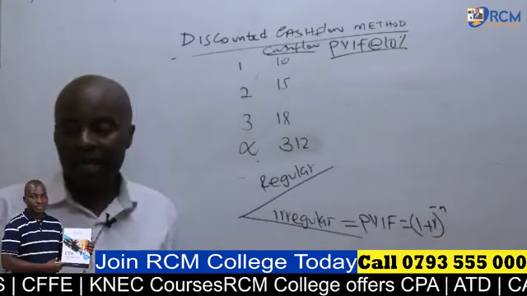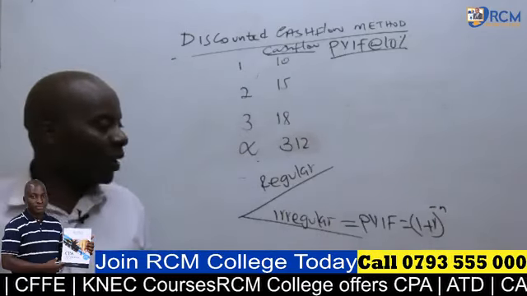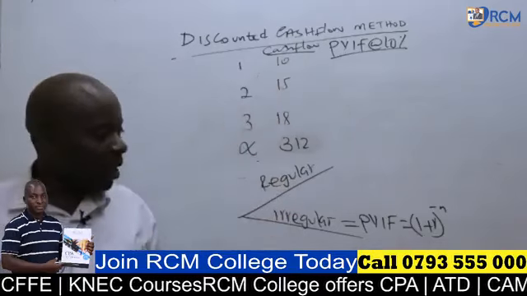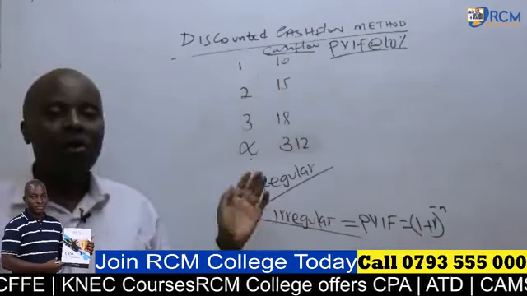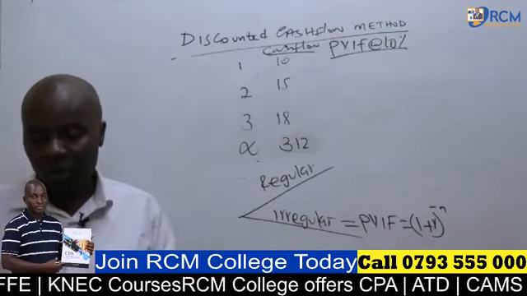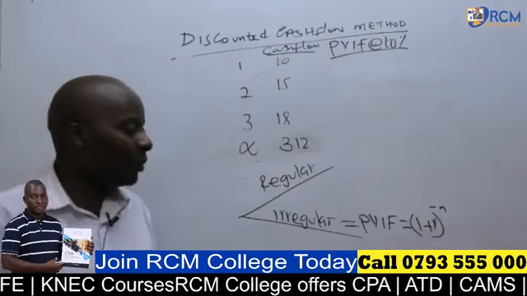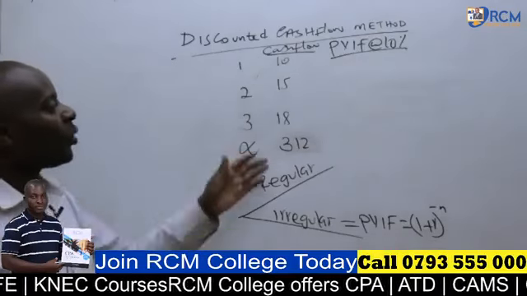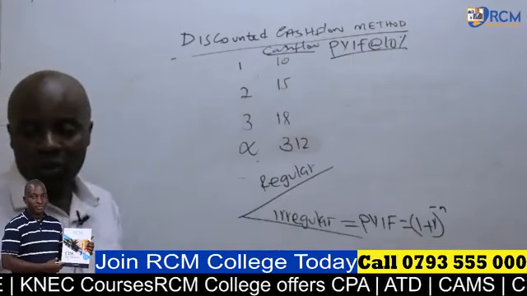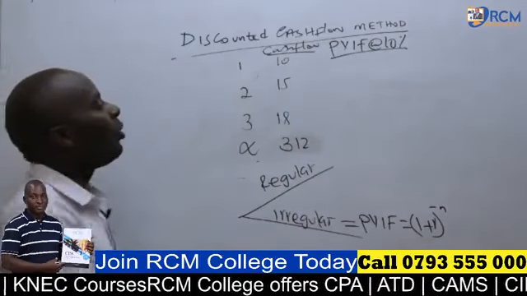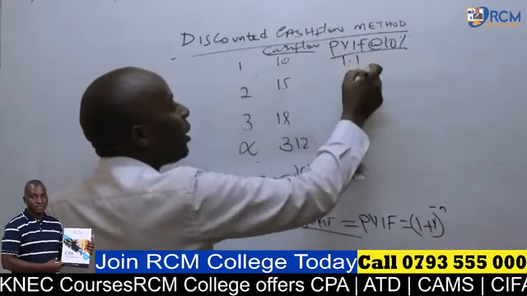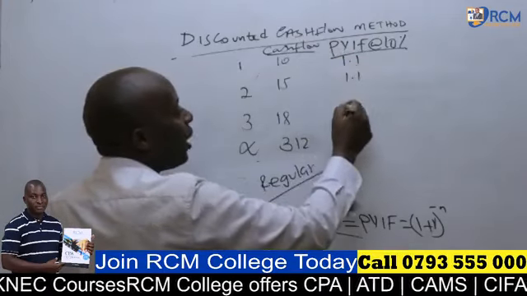Raised to negative N. I can see Lucy Naisani already has gotten something. Ladies and gentlemen, because these are irregular, as Lucy has told us, this is the formula we shall use: 1 plus R raised to negative N. So I'm using this formula, and I come here and say 1.1.